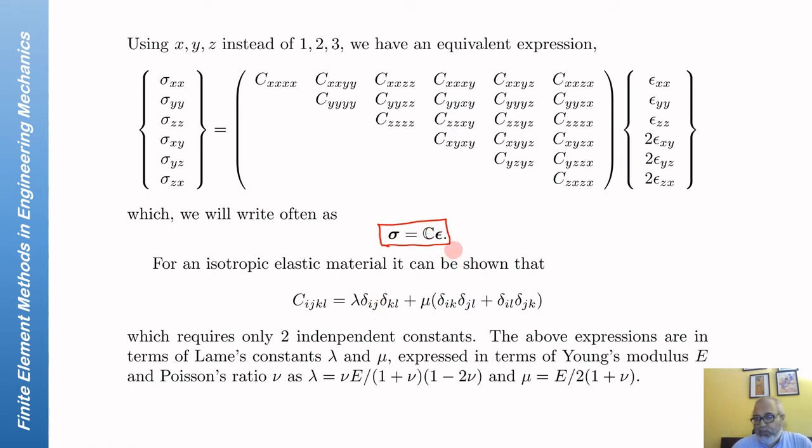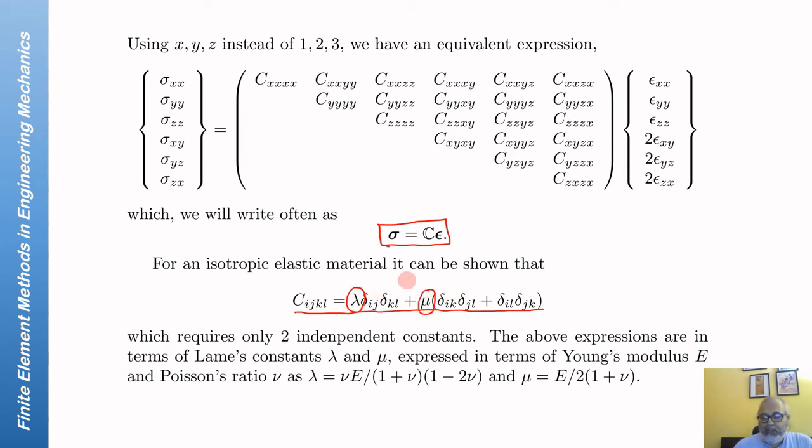Now for an isotropic material, it can be shown that only two independent constants are required to determine all the components of C. And Cijkl in tensorial form, as you might already be aware, in isotropic linear elasticity is denoted by this. The two constants are called Lamé's constants, and these two have to be determined.